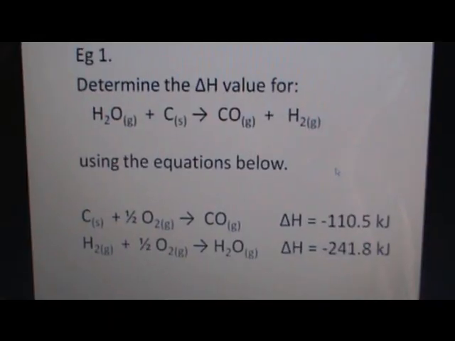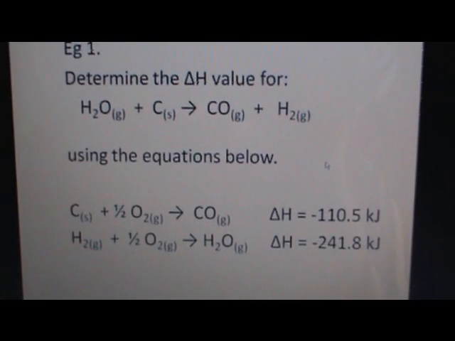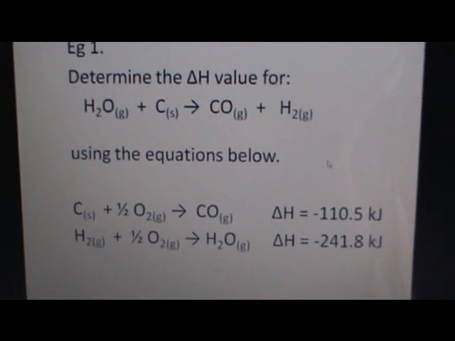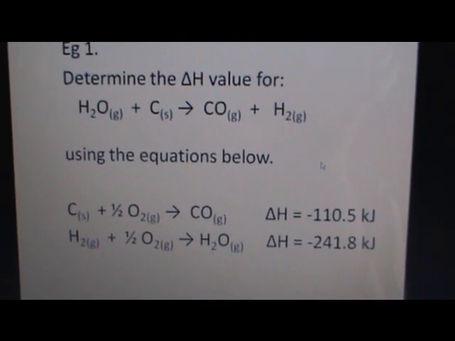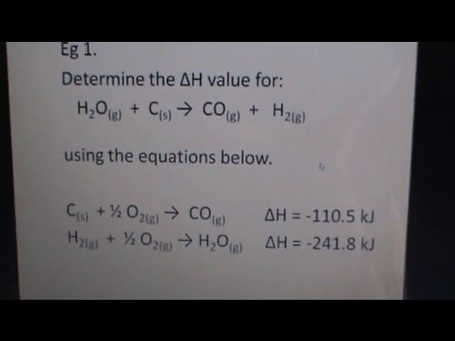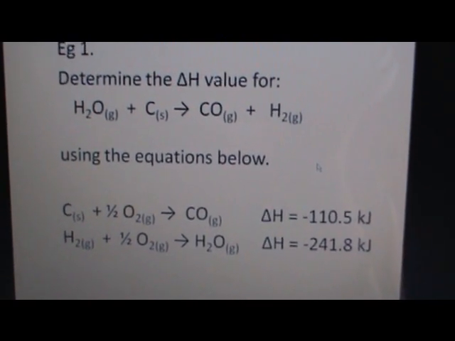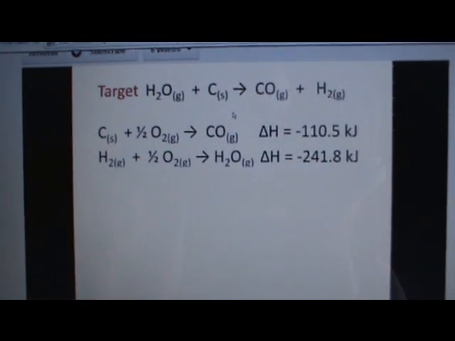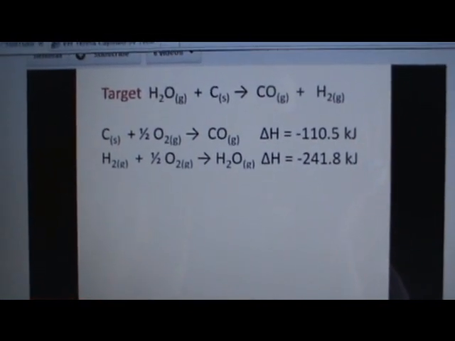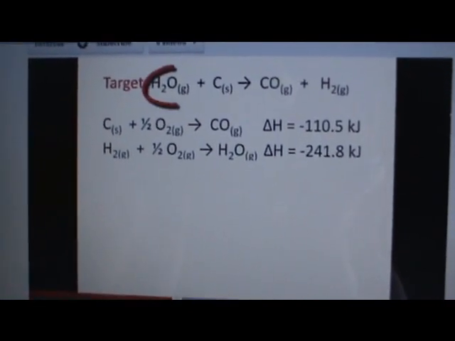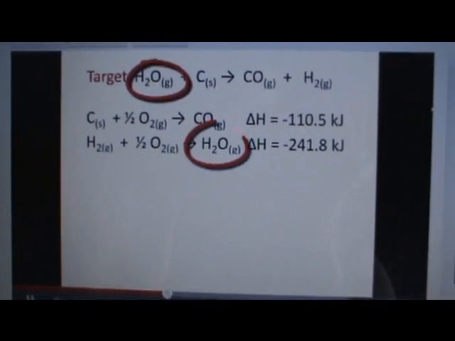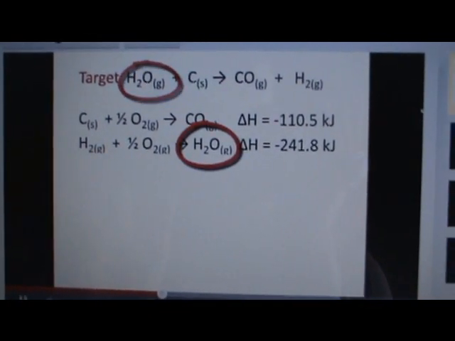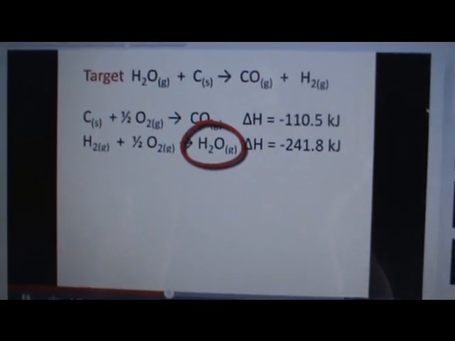We're going to determine the delta H value for H2O as a gas plus carbon as a solid yielding carbon monoxide gas plus hydrogen as a gas, using the equations below. Looking at our target, we can see our first reactant is H2O gas. Looking at the other two equations given, H2O gas is also on the second equation.